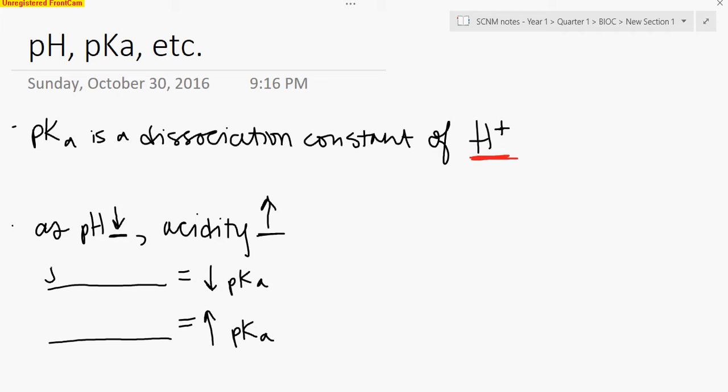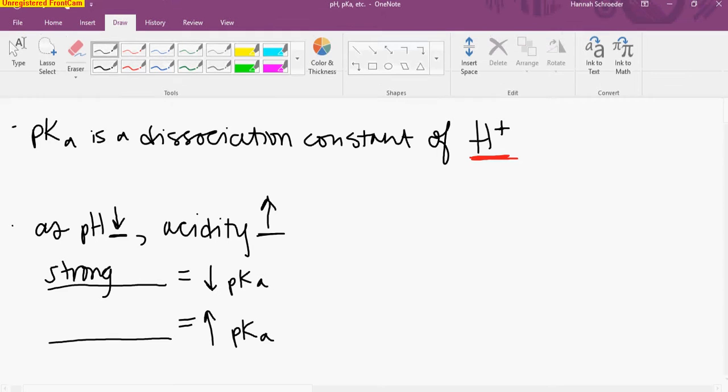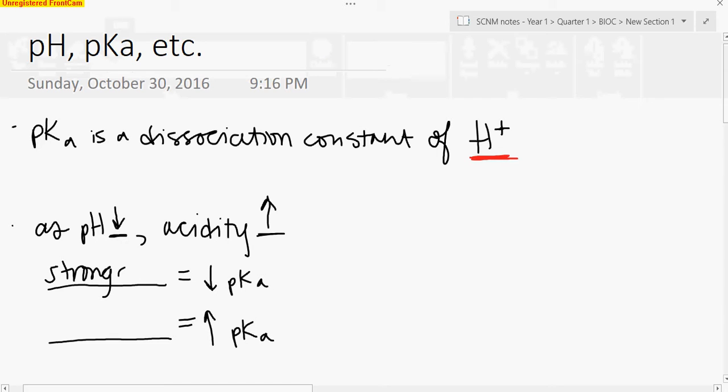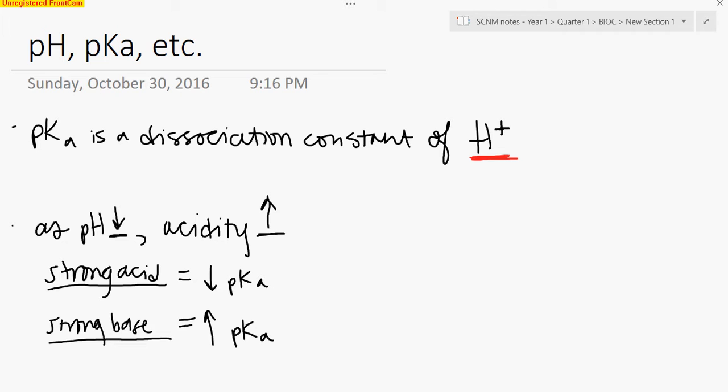So a strong acid will have a low pKa, and a strong base will have a high pKa.